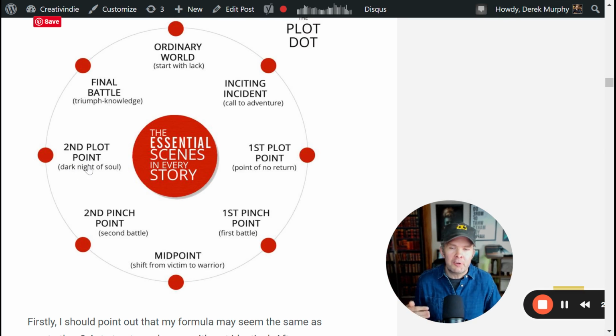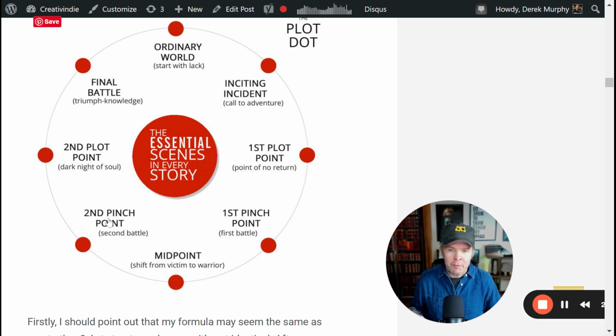This is also sort of a turning point from, they're super upset and depressed and afraid and doubting everything, but they have to get past that to try again, to do one more thing, to persevere, whatever it is, leading into another battle where they're going to try to do something else, something different.